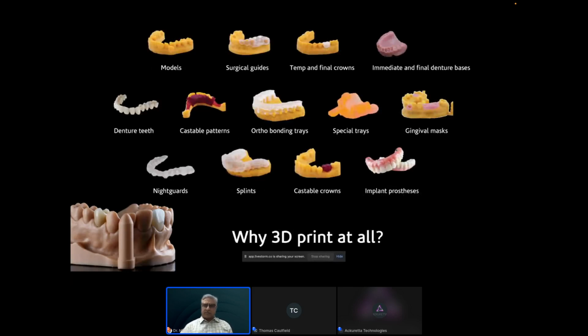I print with multiple printers. The Sol is certainly one of my favorite printers, and I have a Sol pretty much in every location that I do anything. And I use it for a lot of things.